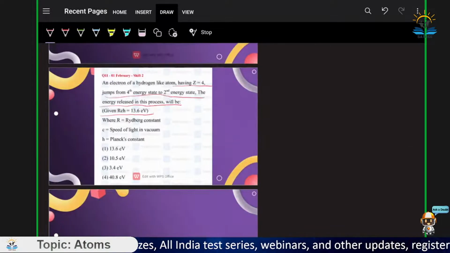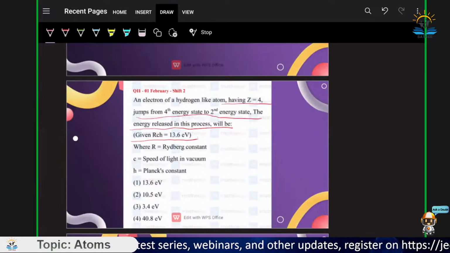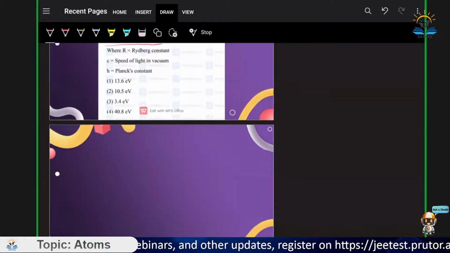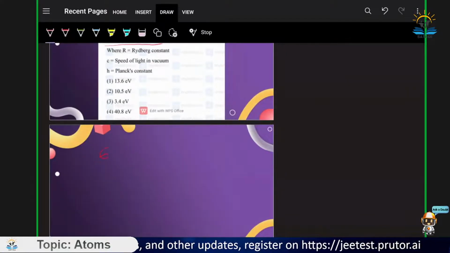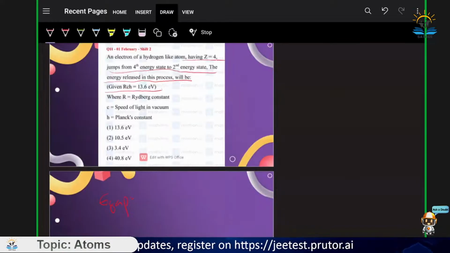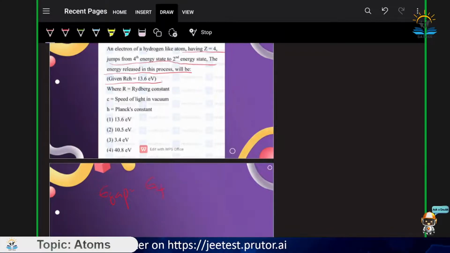Let me solve this. Energy released means I have to find out the energy gap. It jumps from the fourth energy state to the second, so first we have to find out E4 and E2. Easy.